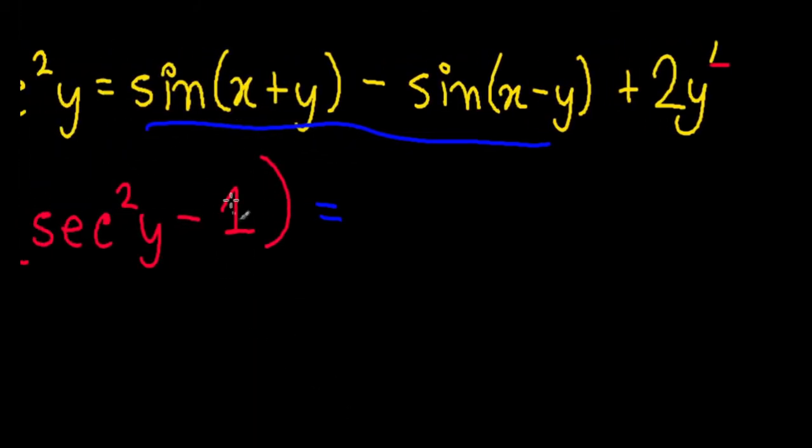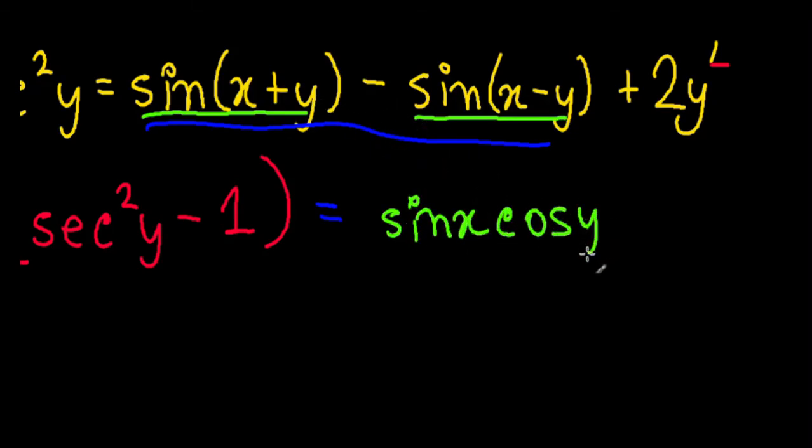You can expand both of these terms using our angle addition formula. So this one is going to be sine of x cosine of y plus sine of y multiplied by cosine of x.